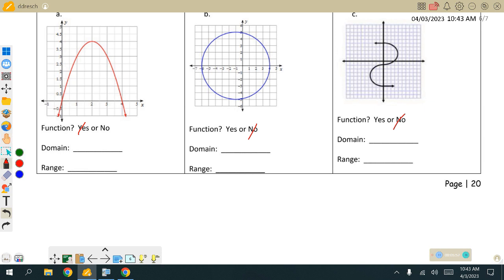Okay, domain, one more time, domain, people. Is that my X's or Y's? So we want to talk about, again, left to right for the domain. When we talk about domain, we are talking about X's left to right. You're looking for a clear starting location and a clear stopping location.